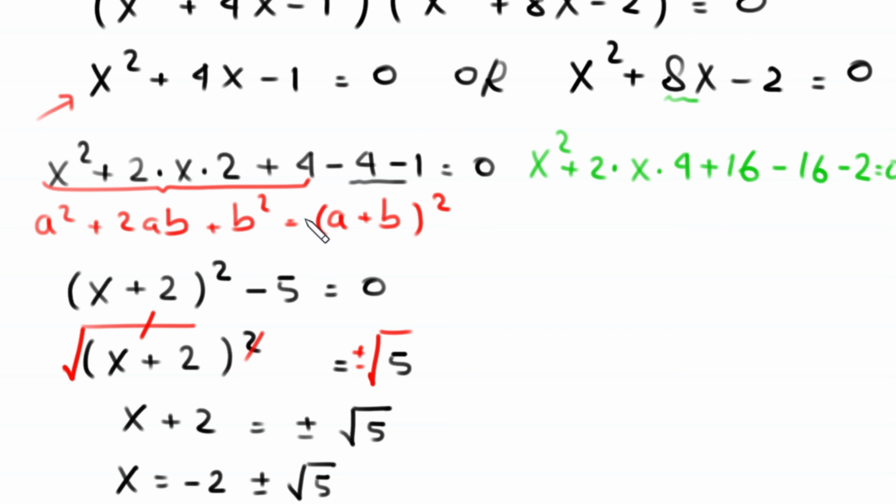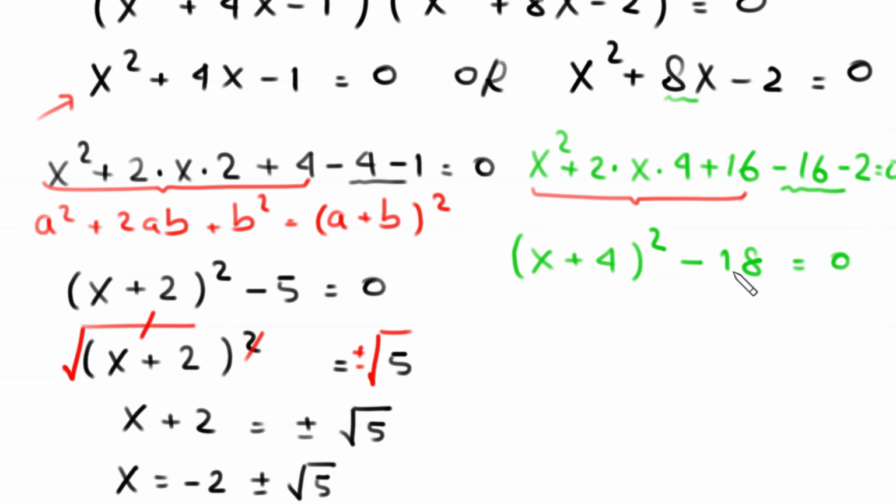By using this algebraic identity, x squared plus 2 times x times 4 plus 16 will become (x plus 4) whole squared, and negative 16 minus 2 will become negative 18 equal to 0. Move this negative 18 to the right hand side. This will become (x plus 4) whole squared equals 18, and we take the square root of both sides.